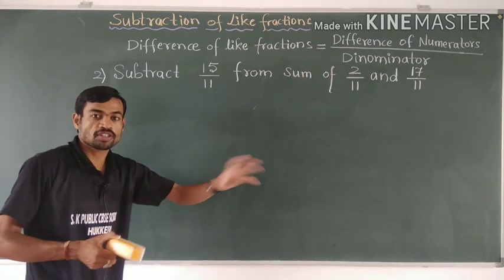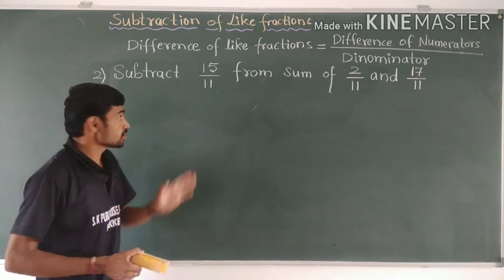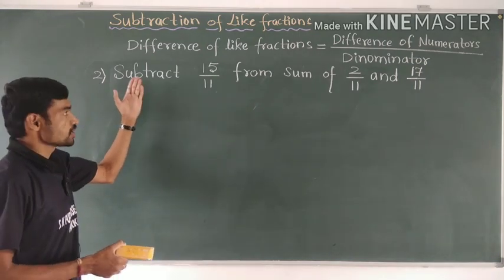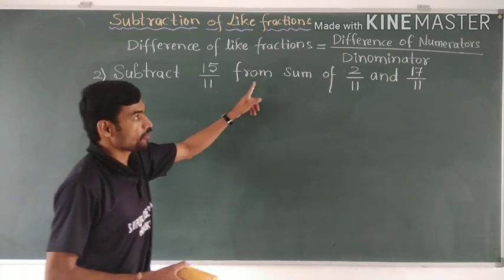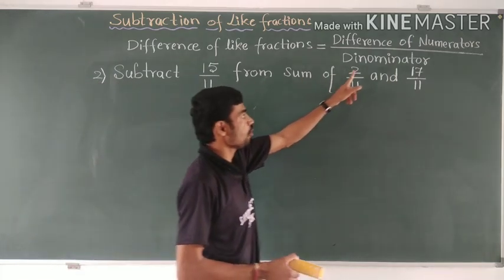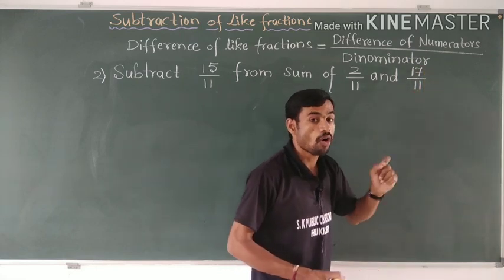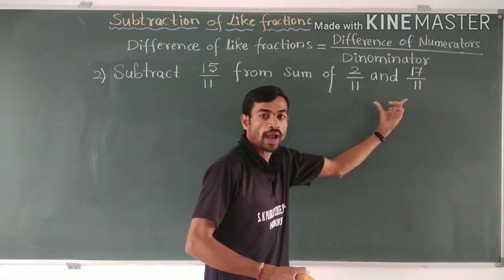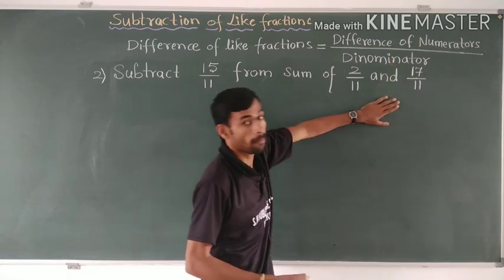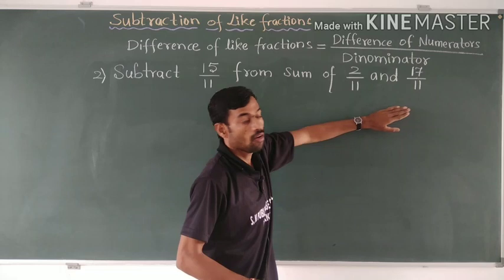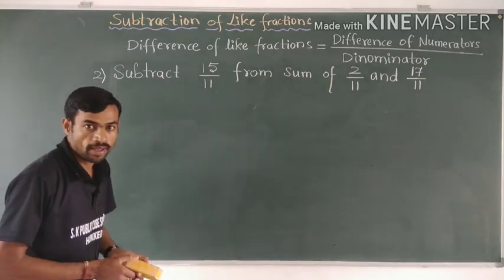So both operations are mixed, and we have to find the answer. Subtract 15 by 11 from the sum of 2 by 11 and 17 by 11. Sum means we have to add these two fractions, and from that sum we have to subtract 15 by 11.